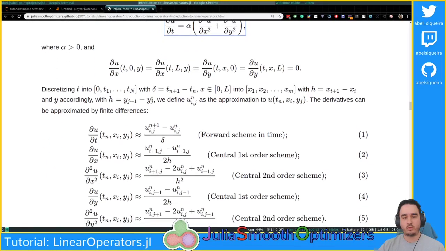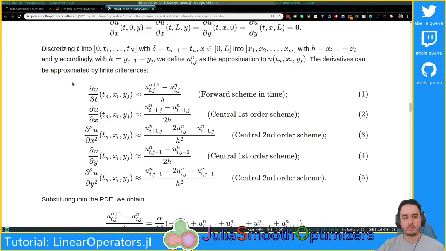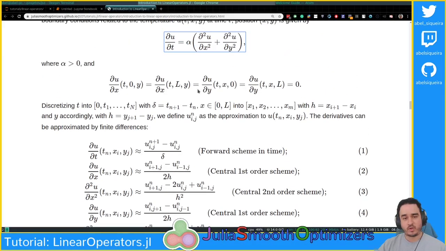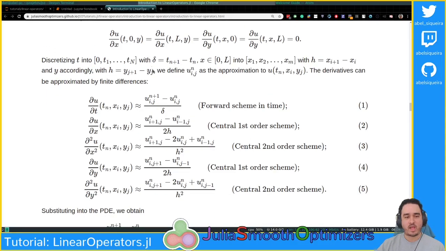So what we do in the discretization is that we approximate, first we create a grid, x1 to xm and y1 to ym, and we also discretize the time. And then we have i, j, and n for each point in this grid.